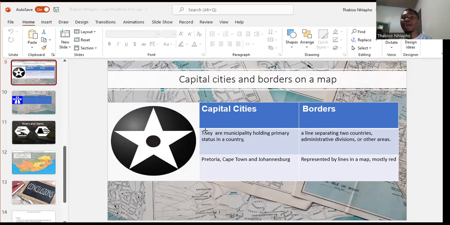This is where most people prefer to live. This is where our presidents prefer to live. This is where our celebrities prefer to live. So this is what we call capital cities. They are municipalities holding primary status in the country. I hope you understand. Do you understand now, Keleso? Yes, I thank you, Keleso. And I am glad that you understand.